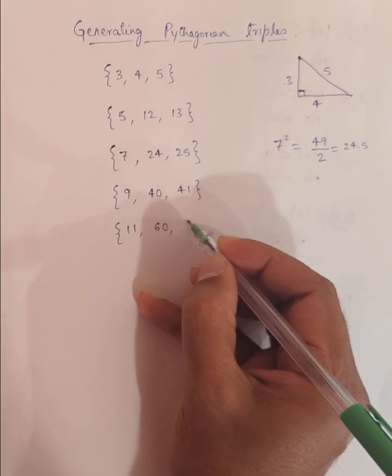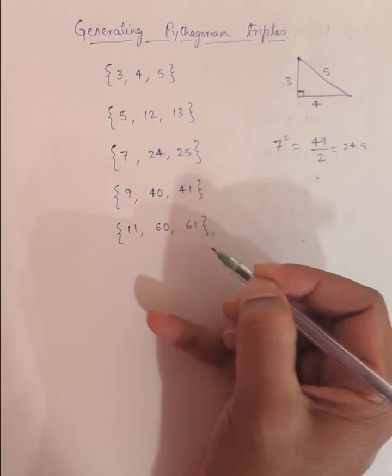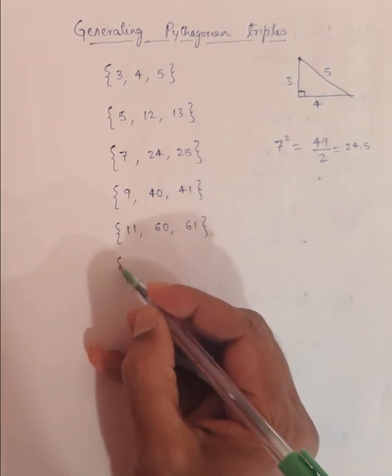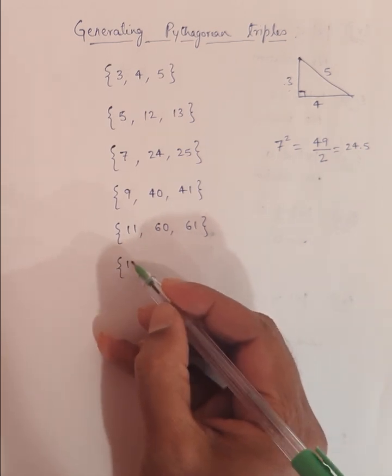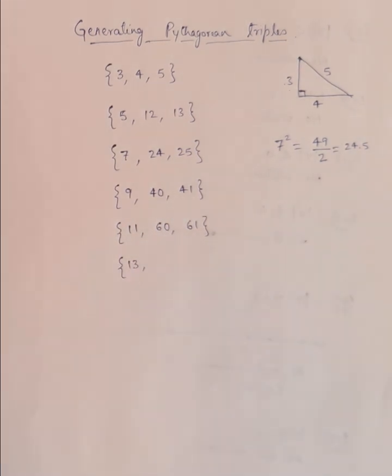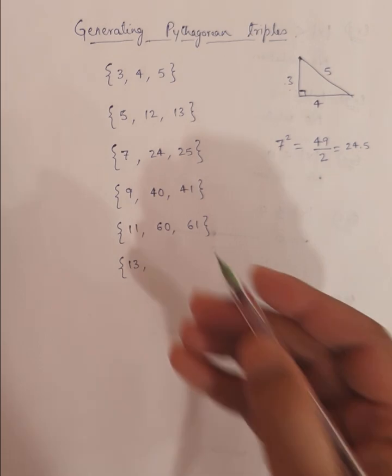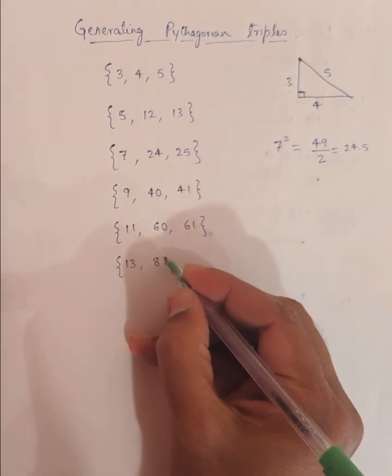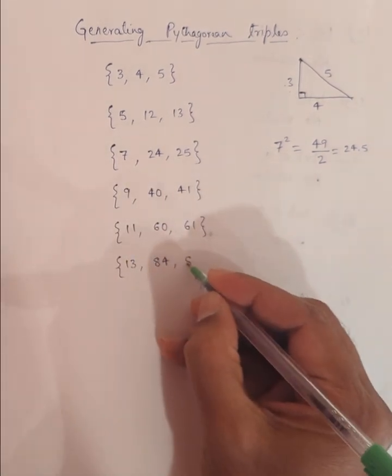So floor is 60, then 61. And you can check. So 13, square of 13 is going to be 169, and half of 169 is 84.5. So its floor is going to be 84, and the next number would be one more.